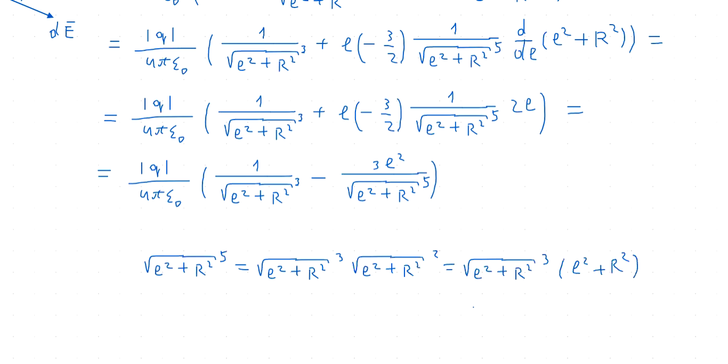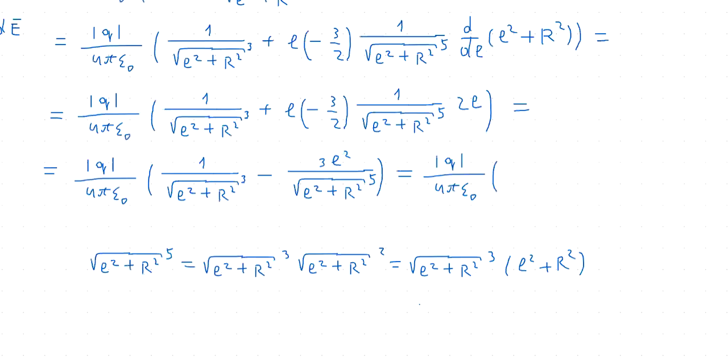Okay, and it means that this will be equal to the absolute value of Q divided by 4 pi epsilon 0 and L to the power of 2 plus R to the power of 2 minus 3 L to the power of 2, divided by the square root of L to the power of 2 plus R to the power of 2 to the power of 5.